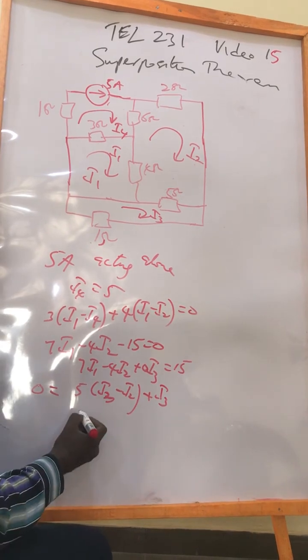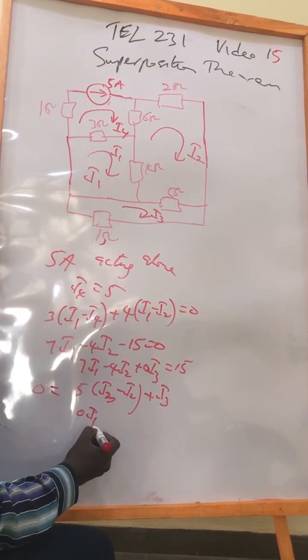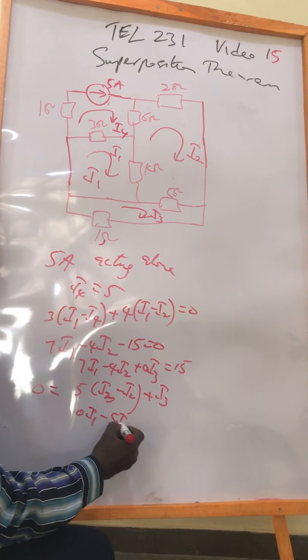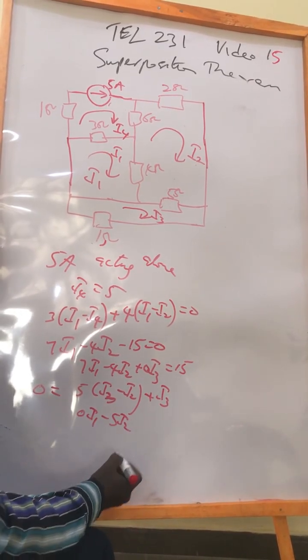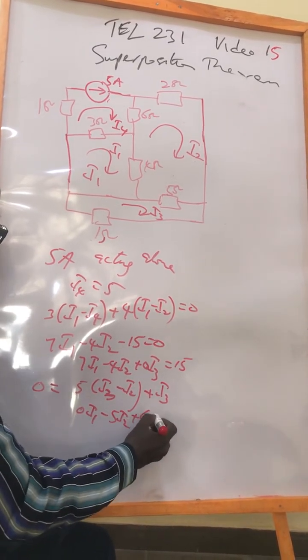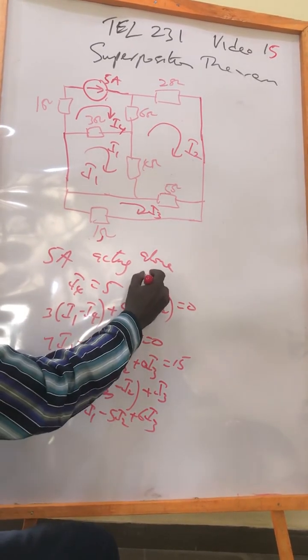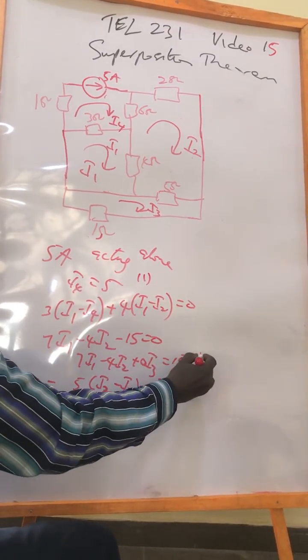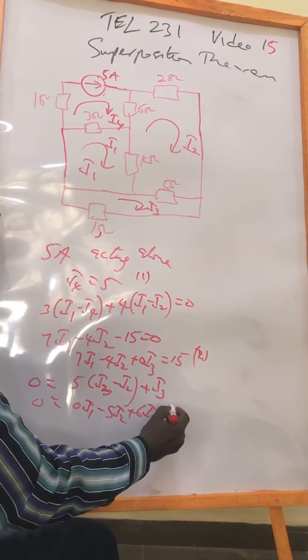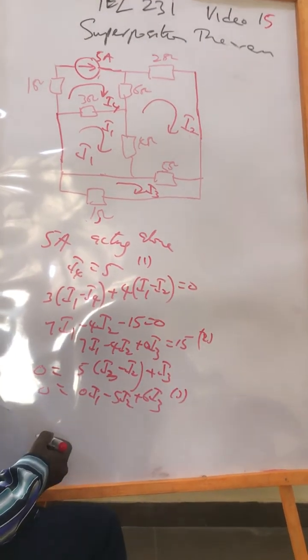So I can write 0 I1 minus 5 I2 plus 6 I3. This is another equation. This can be my equation 1, my equation 2, my equation 3. Let me go for the fourth one.